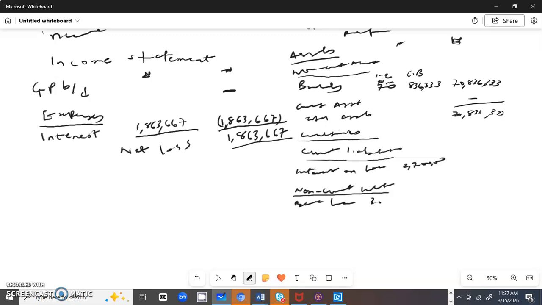Then debenture, 40 million. So we have a total of 70 million.